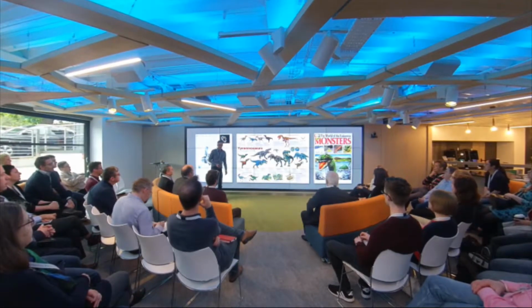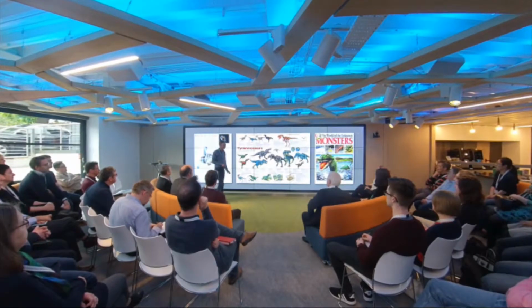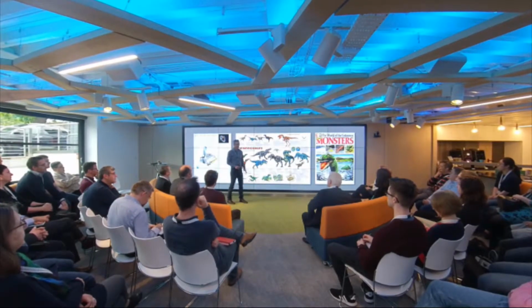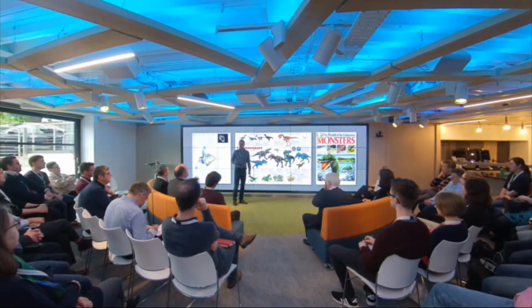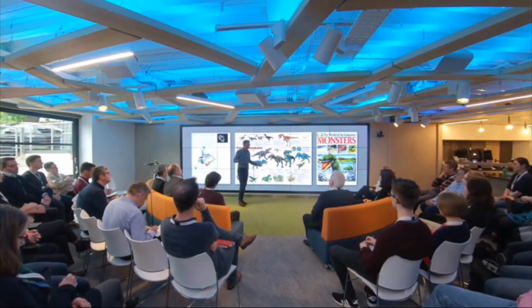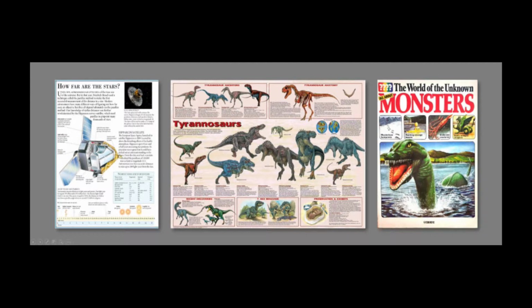I grew up in the 70s when computers, the internet, and social media were a long, long way off. But rather than sit around waiting for those things to be invented, we read books. And the types of books that I read were about space and dinosaurs and things like that.